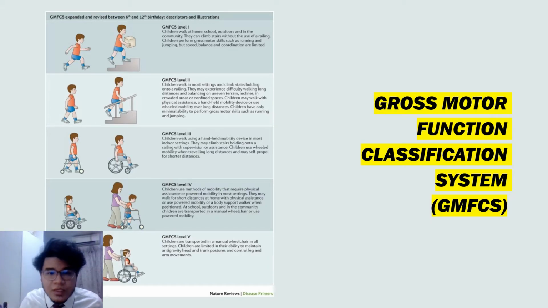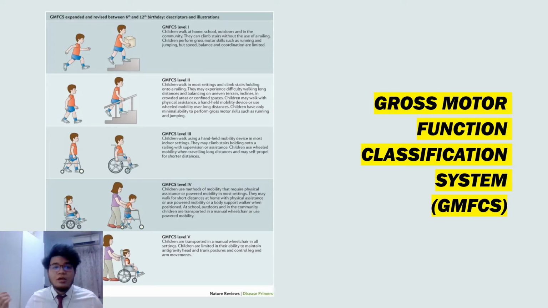For level 3, they can walk using hand mobility devices, but only indoors. But when they are going outdoors, they cannot. They must rely on the wheelchair. And then for GMFCS level 4 and 5, which is the most chronic, the most severe they will ever experience, basically they require mobility assistance.